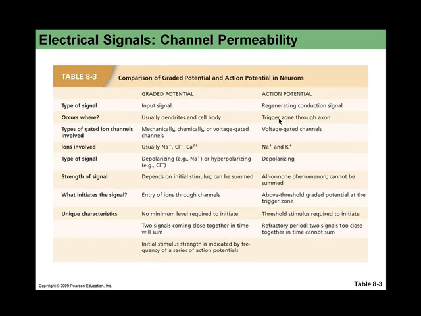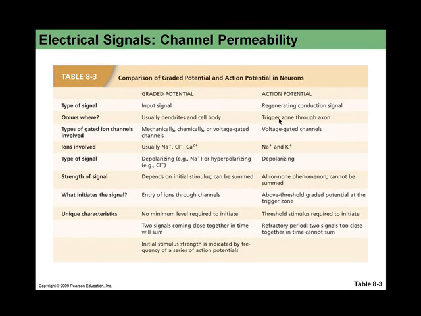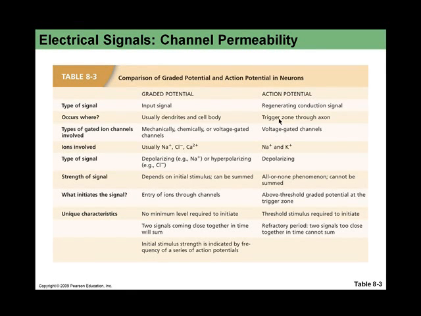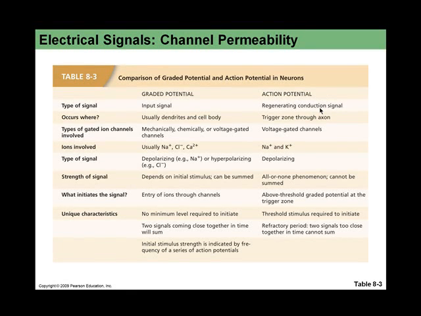And within the population of sodium channels in this trigger zone, are enough of them available to be opened, and have I opened enough of them such that they can trigger a self-regenerating signal that can be conducted down the cable, right? The axon.